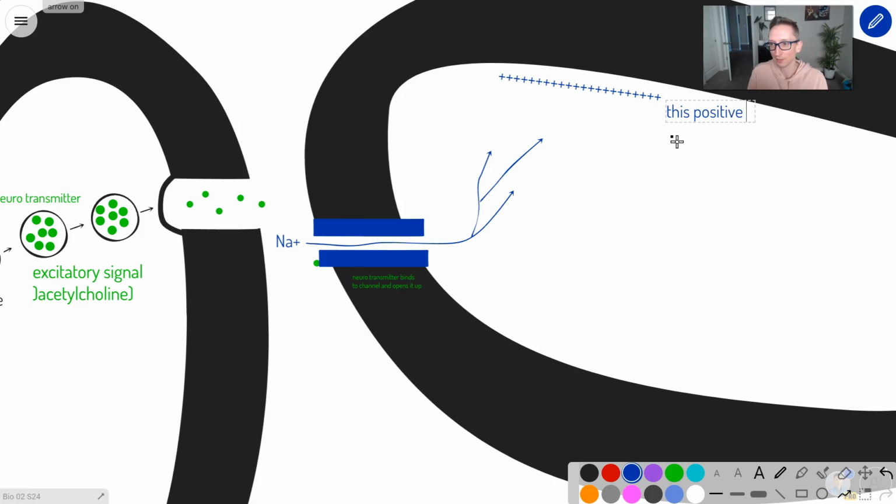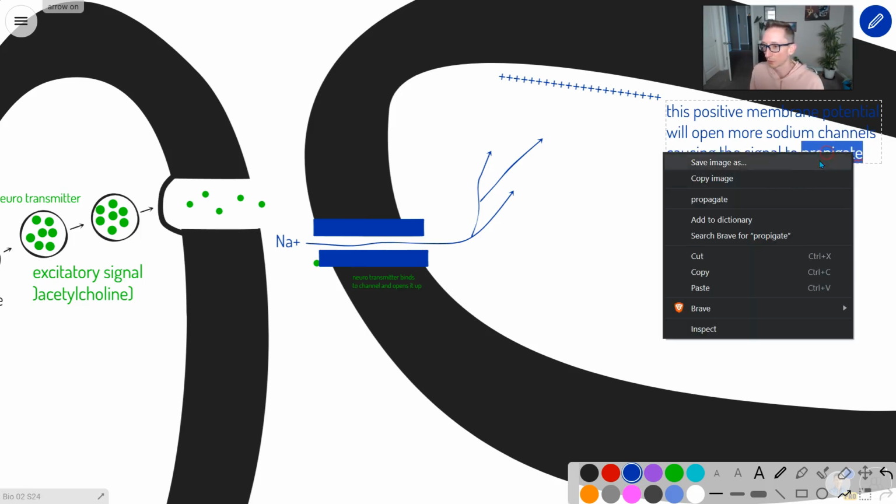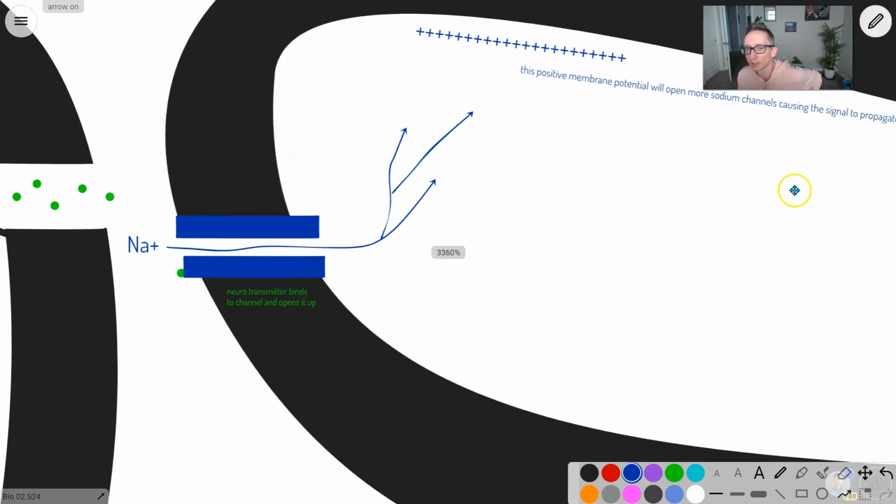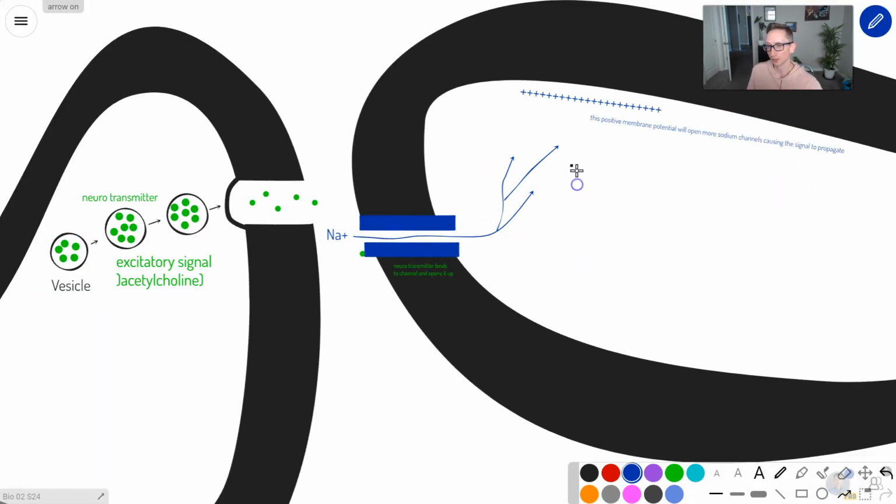This positive membrane potential will open more sodium channels, causing the signal to propagate. Okay, that's an excitatory signal.